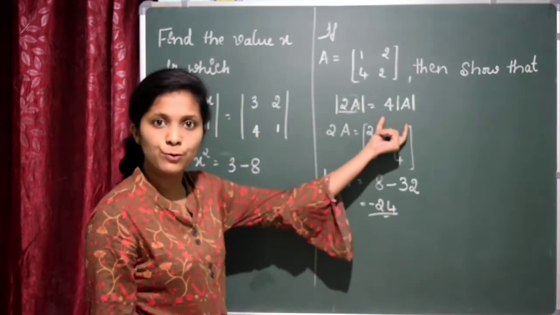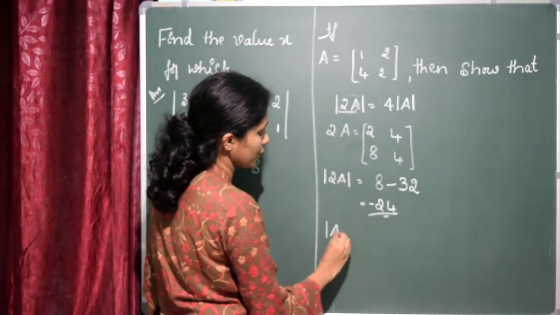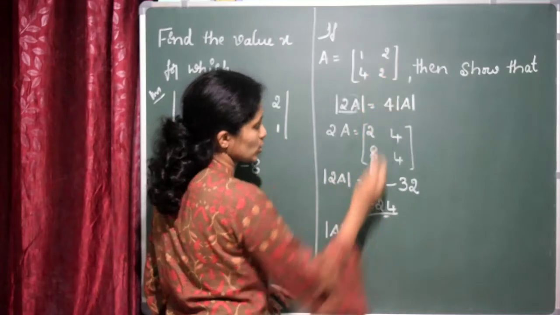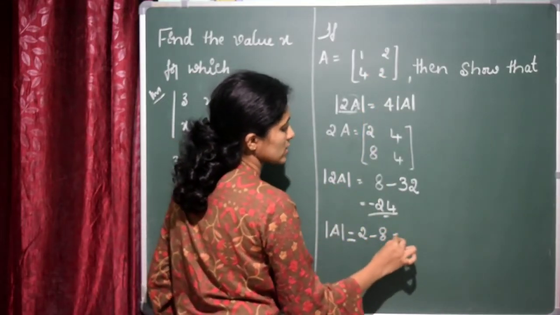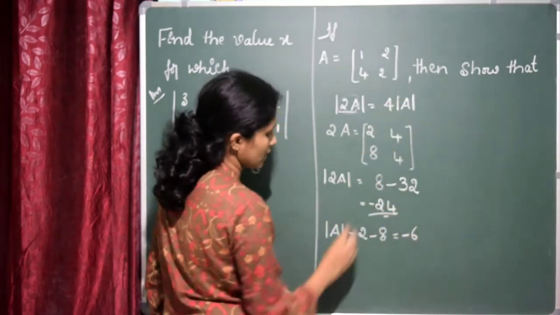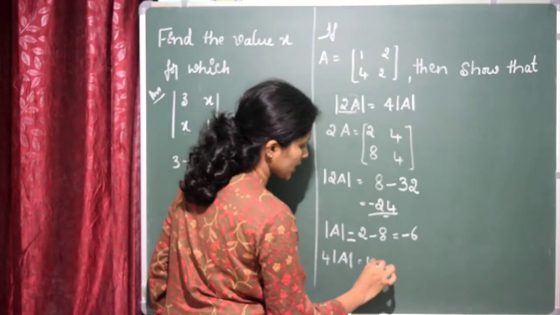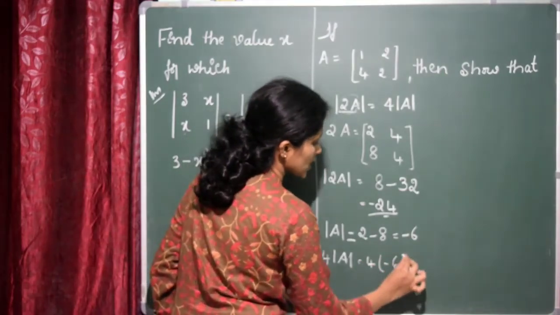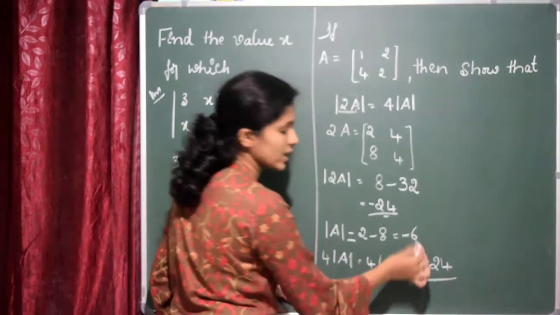Now you have to find 4 into determinant of A. First we will find the determinant of A. What is the determinant of A? Just multiply 1 into 2, that will be 2, minus 4 into 2 is 8. So this is equal to minus 6. Next, now 4 into determinant of A. So this is equal to 4 into minus 6, so 6 into 4 is minus 24. So both are equal. Simple.